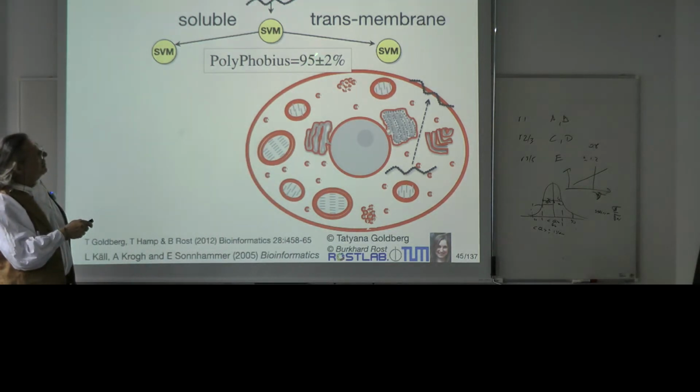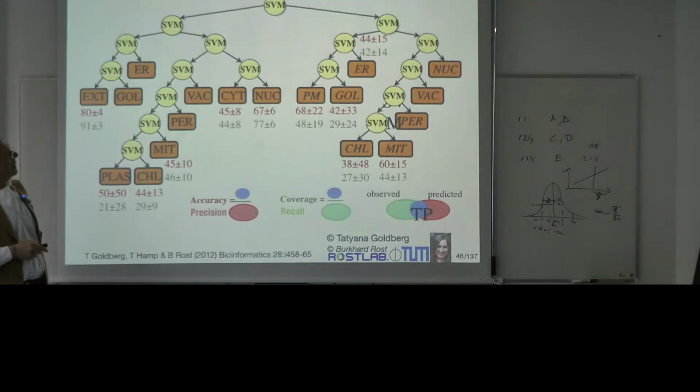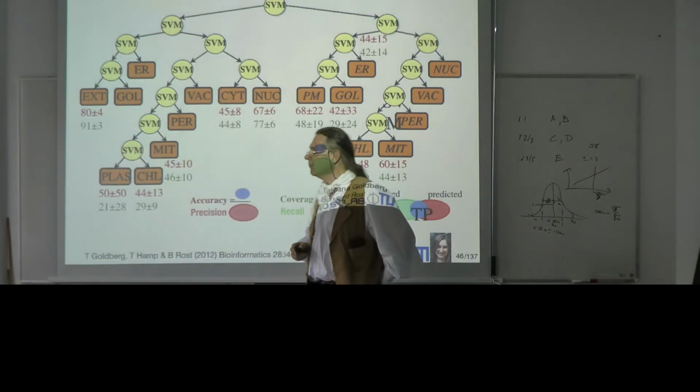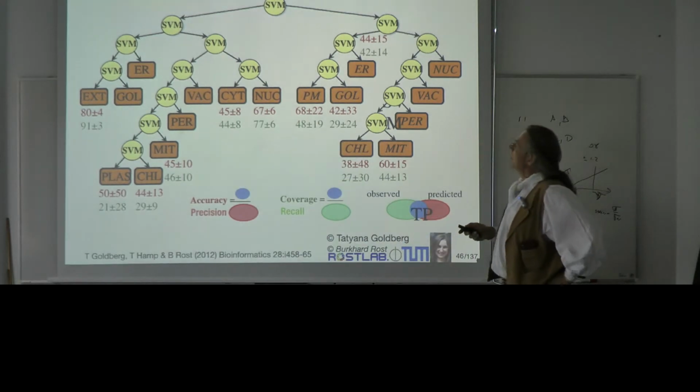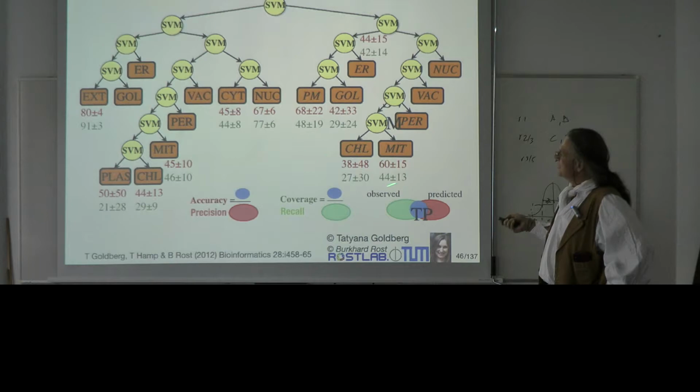PolyPhobius is better numerically, but again, you see in terms of standard error here, you cannot clearly distinguish between them. So we keep the entire system, and we are not replacing it by PolyPhobius up there. You see that down here, most of the decisions, there are exceptions to this, tend to be lower down here.